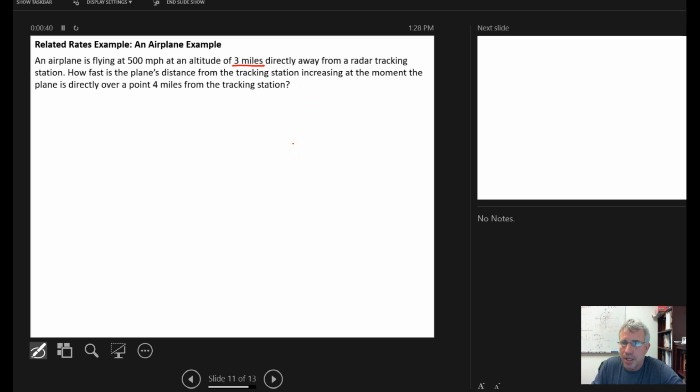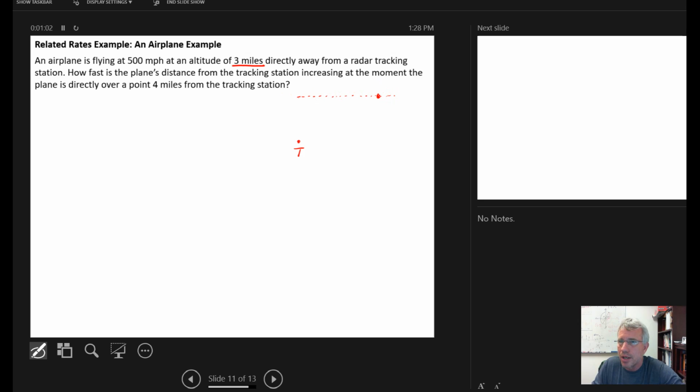So let's say that the tracking station's right here. So the radar tracking station's here. And the plane is flying at an altitude of 3 miles directly away from that tracking station. So at any given point, the plane is going to be on a horizontal path that's 3 miles above the ground.